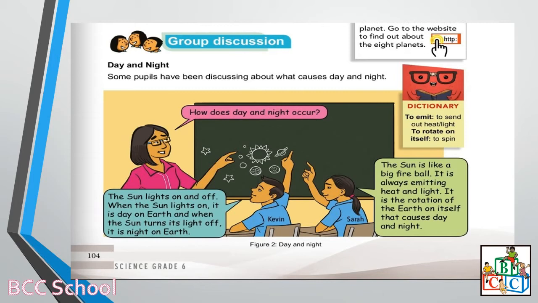And Sarah says the sun is always emitting heat and light. Sarah also says it is the rotation of the Earth on itself that causes day and night. So we are going to find out who is right between the two of them.